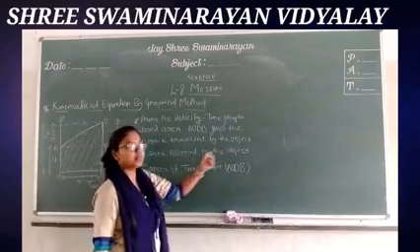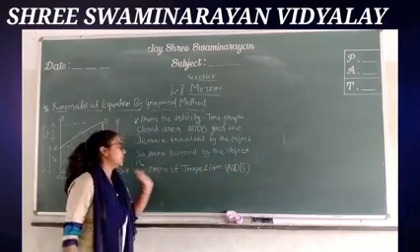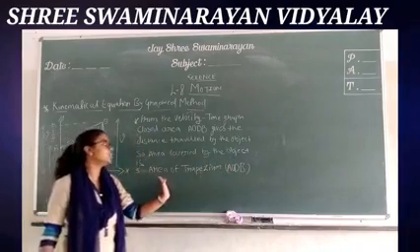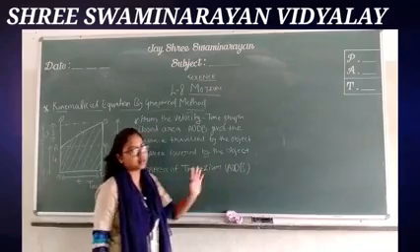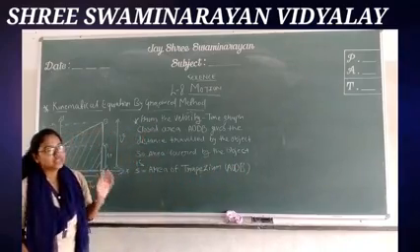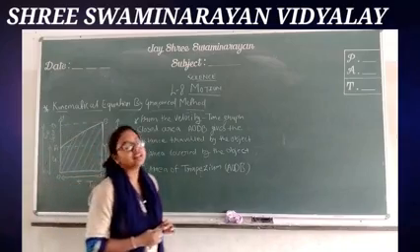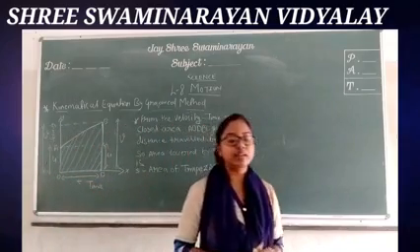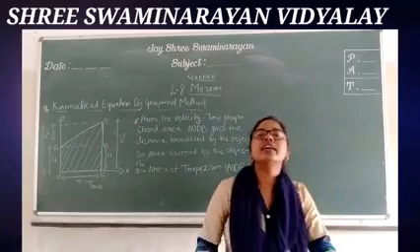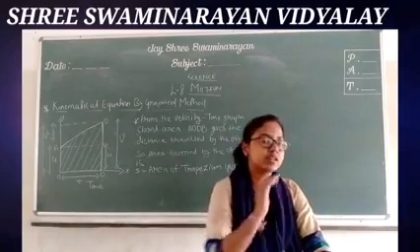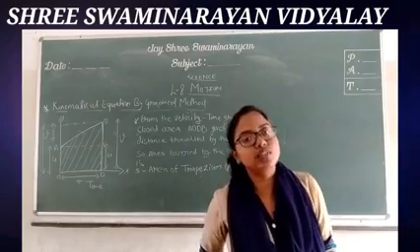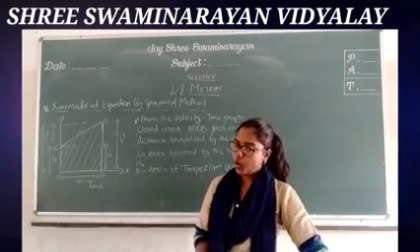So the area covered by the object will be s is equal to the area of the trapezium. So students, as we have discussed earlier, in the velocity time graph the total covered area gives us the total amount of distance covered by the object.